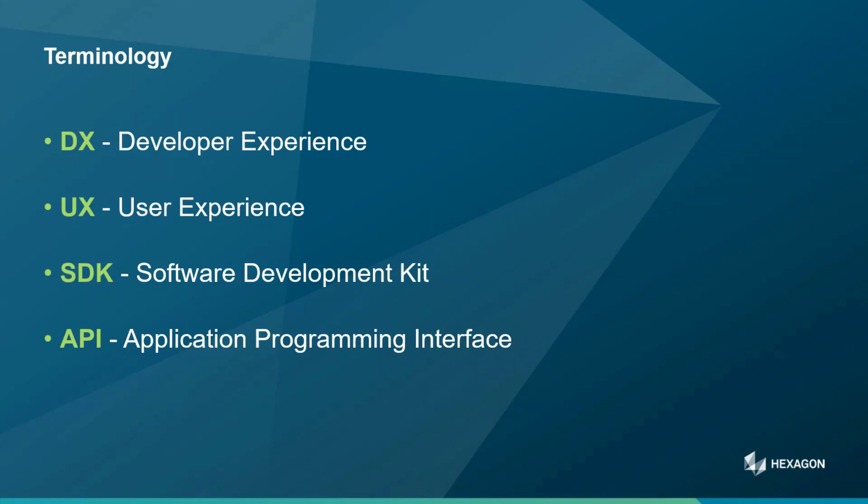Now, very often I myself as well use SDK and API interchangeably, but API really refers to the interface, the coding interface, usually in a specific developer language that a developer will use to access the capabilities available behind that API. So those are some terms that I will use throughout the presentation.